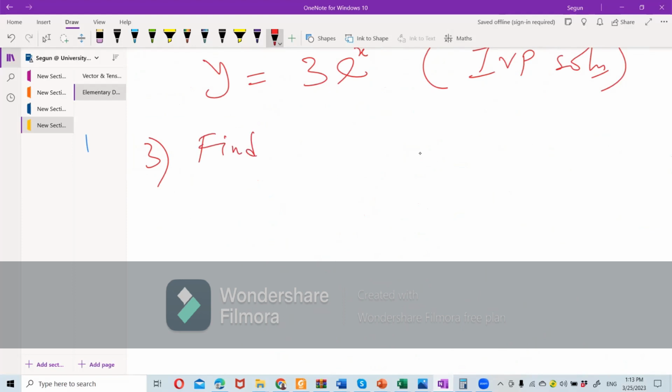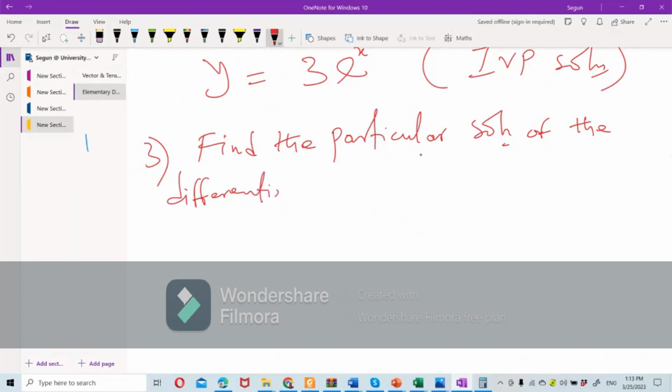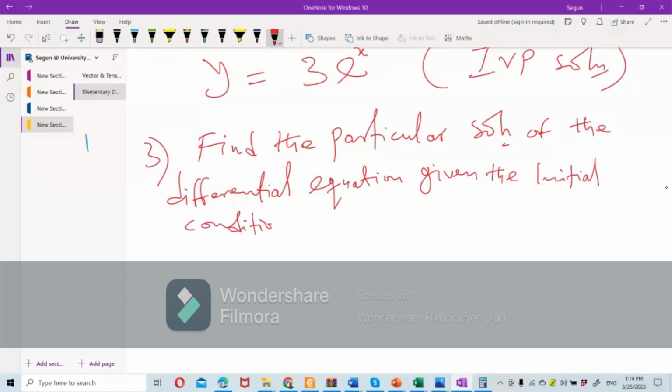Find the particular solution of the differential equation given the initial condition.